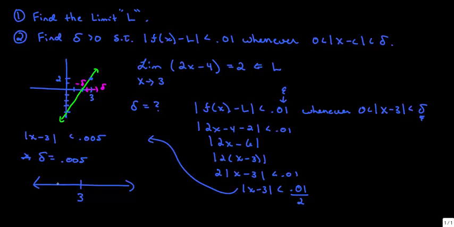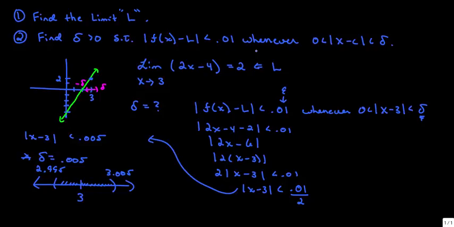If you picked an x value whose distance from 3 is less than delta, so this is 3.005 and this is 2.995, if you picked an x value somewhere in that range, then the difference between the function evaluated at that x value and the limit will be less than 0.01.